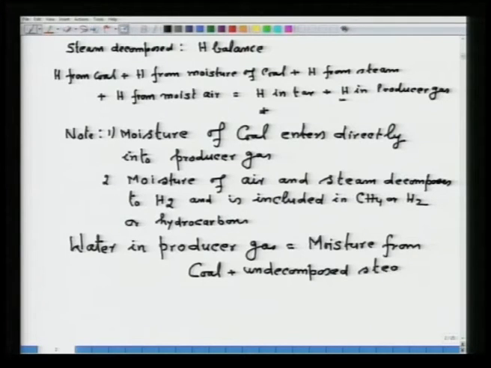So, that point is important to remember. I will illustrate once again when I will solve the problem for you. Now, nitrogen balance is to be done to find the amount of air.